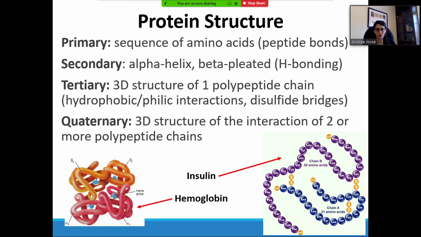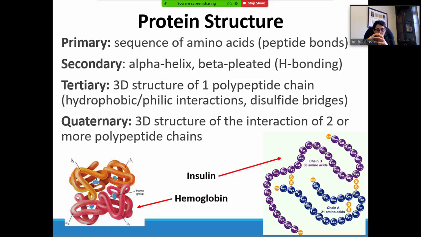All of the proteins in the body have some type of distinct structure. Based on the amino acid sequence of the primary chain and these other forces involved with the secondary structure, as well as the interactions between the tertiary and quaternary structure, they form the protein. And again, this dictates its function.